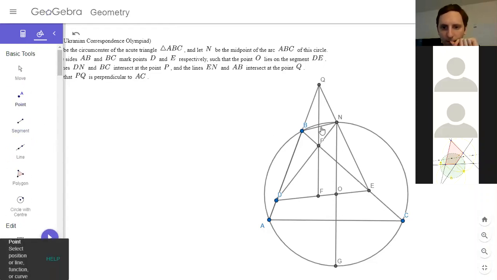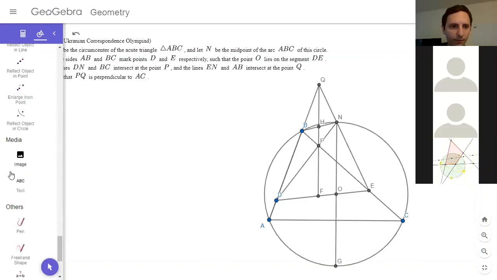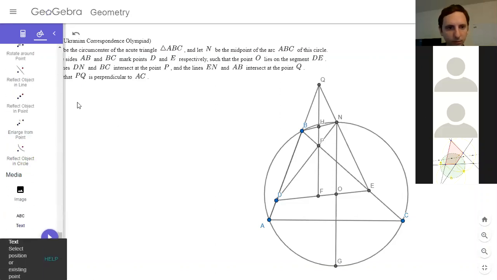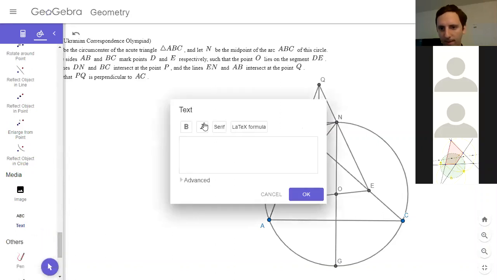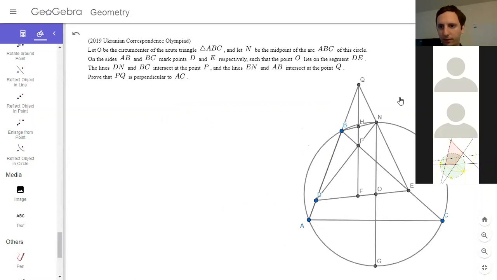Okay. And because harmonic maps to harmonic, BFG should be collinear. So these four points are harmonic, and also, okay, so all right. Let me move this to the right a little bit.